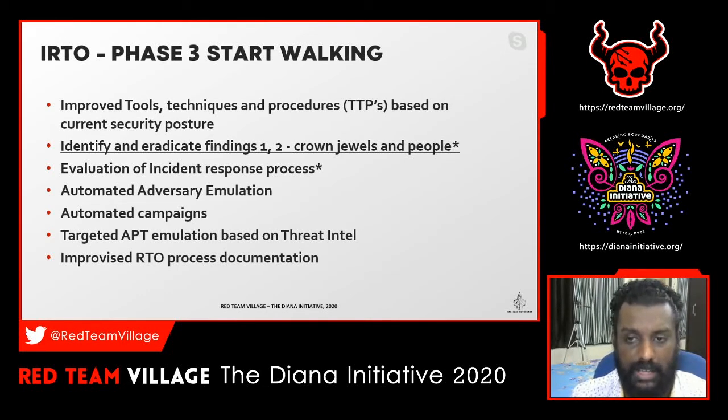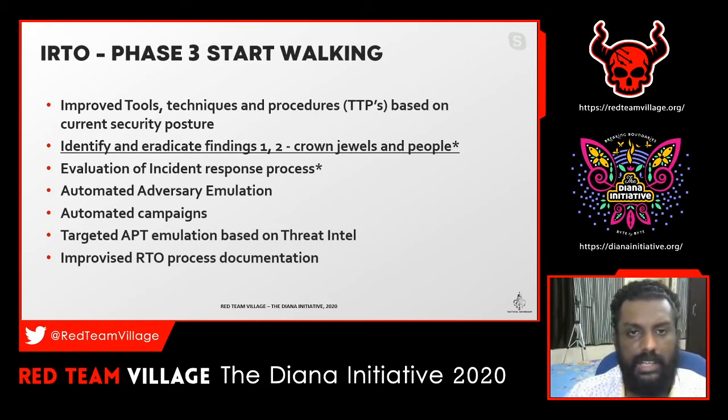Based on that, we also did a couple of adversary emulations and campaigns, so we have a very good list of items in our repository. Using that, we can create an improved set of process documentation for our internal red team operations.